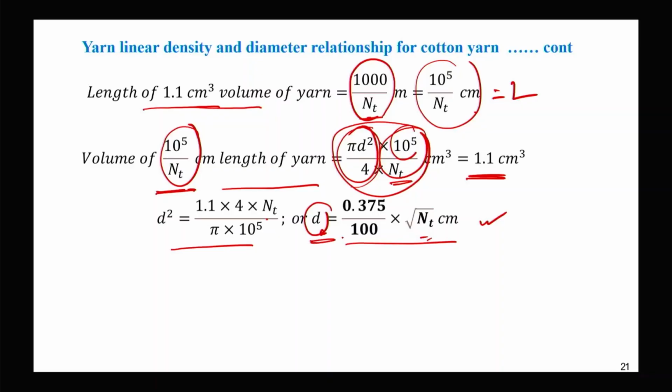The only condition is that this should be cotton yarn with a specific volume of 1.1 cubic centimeter per gram, which has come with a 40% void content. With this condition, if we change the yarn twist and increase the void content, this relationship will entirely change.